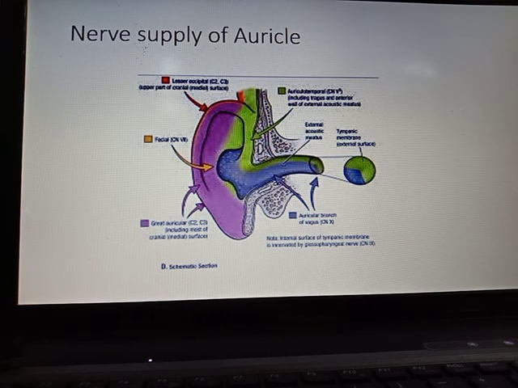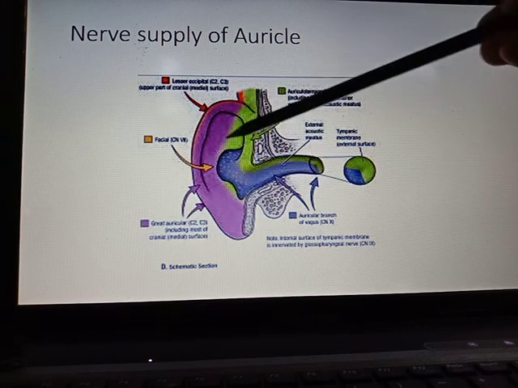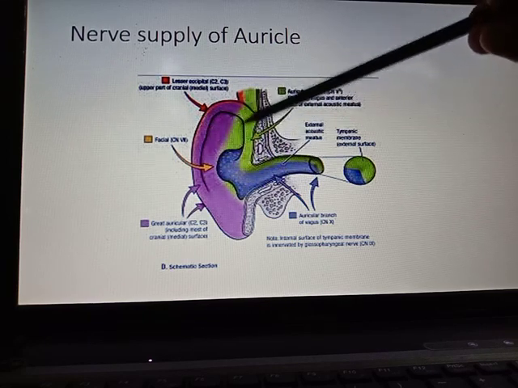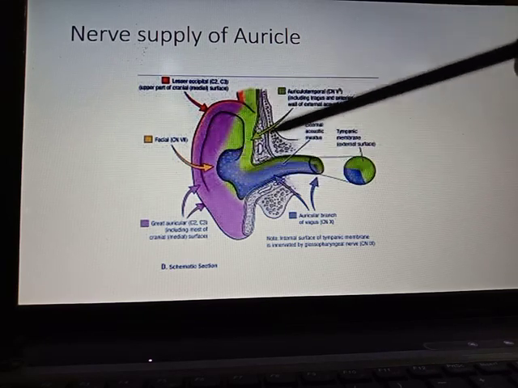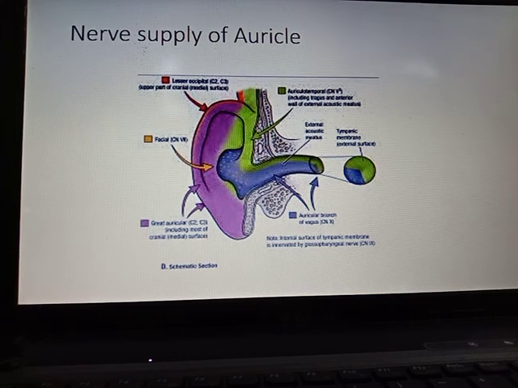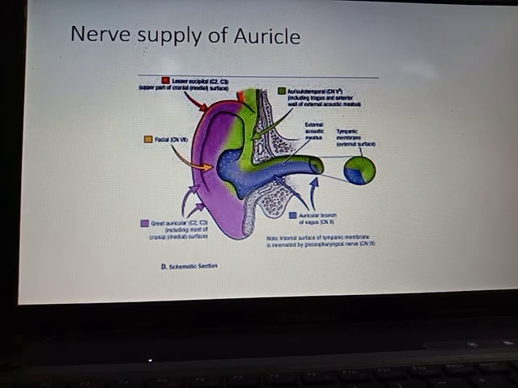Now the nerve supply of this auricle. It is shaded in different colors. This part, this one. It has two supplies, sensory supply and the motor supply. The sensory supply is mainly from the great auricular nerve and the lesser occipital nerve.